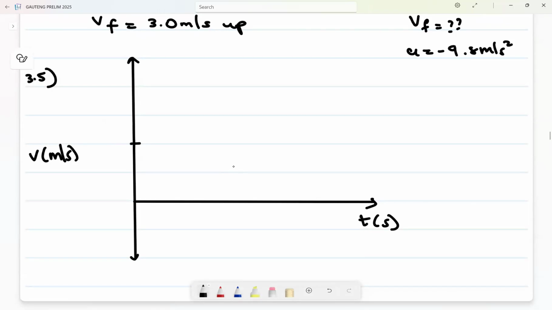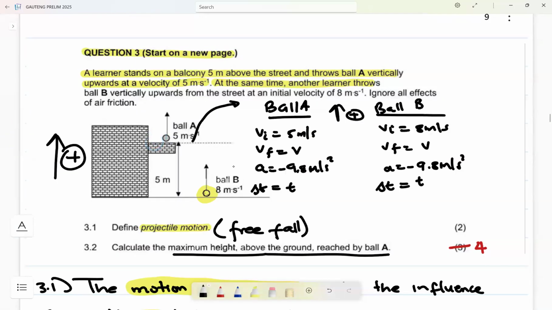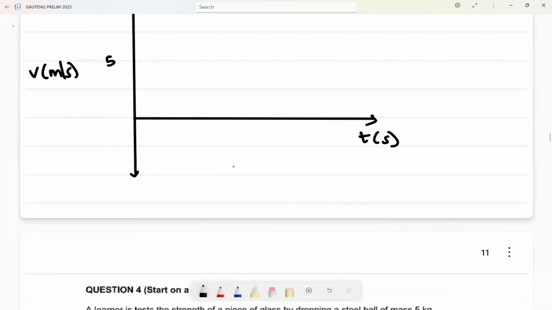I'm going to start with ball A. When I choose upwards as positive, ball A moved upwards to the maximum height, and then it continued to move wherever it moved to. And this is the maximum height.